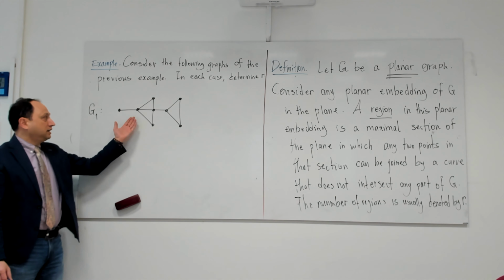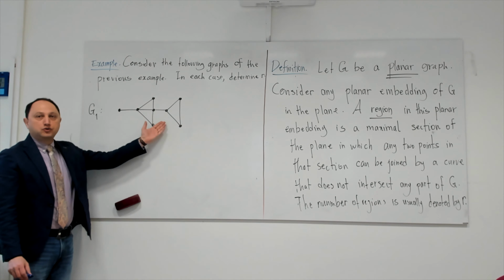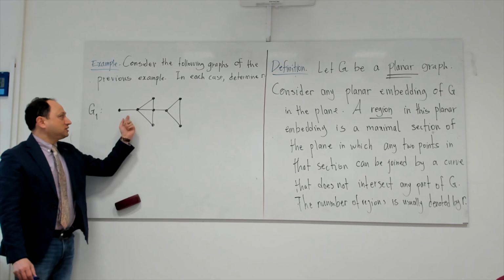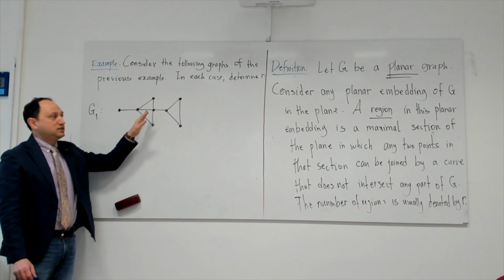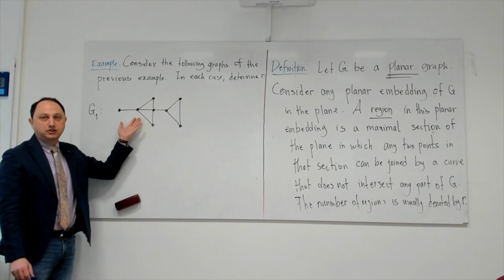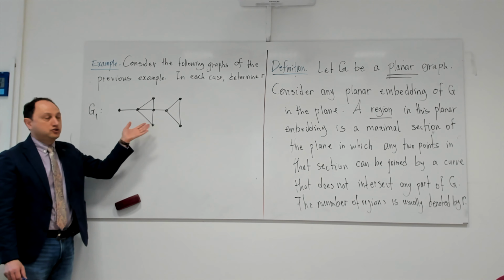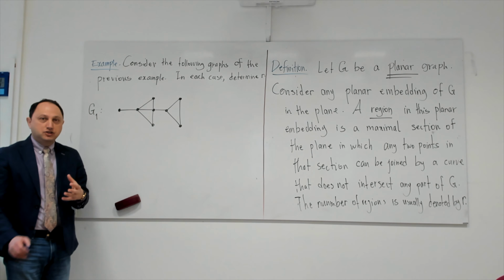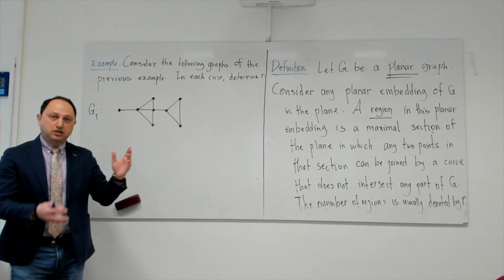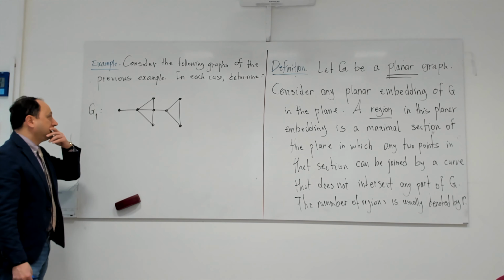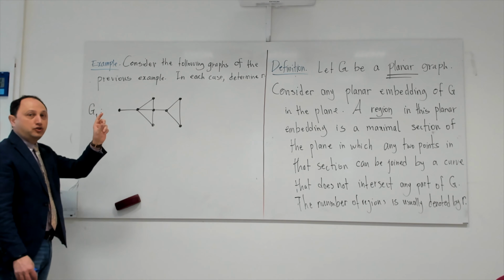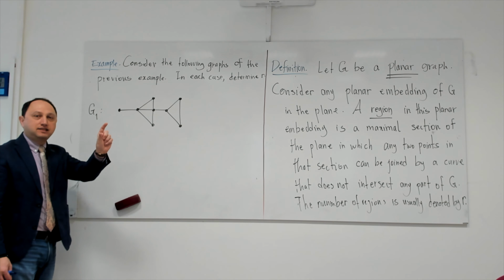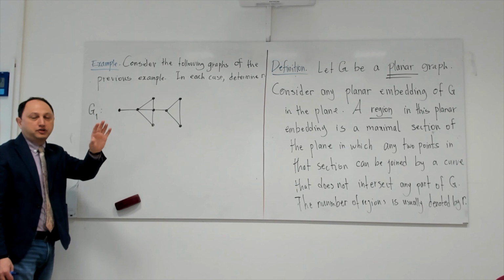For example, this is already in good shape for me, because this is a planar representation of my graph. So I can start my job. How many regions do you see here? A region is a maximal section of the plane such that if you consider any two points in that section, you can connect them with a curve or a straight line.